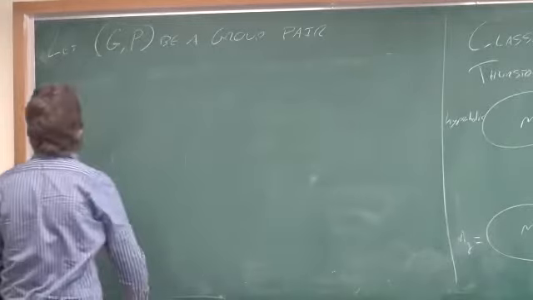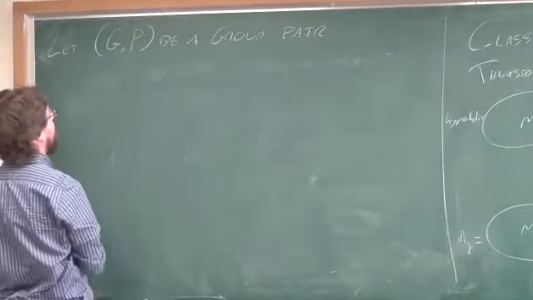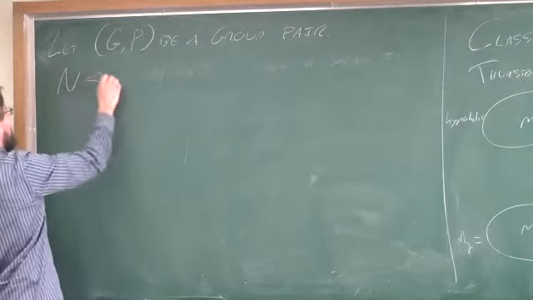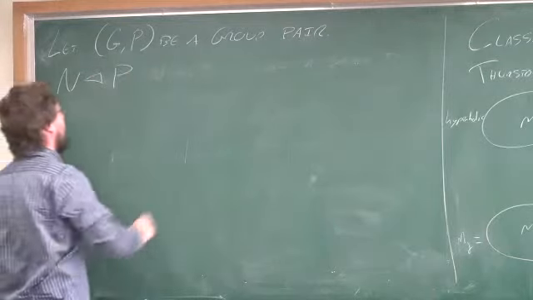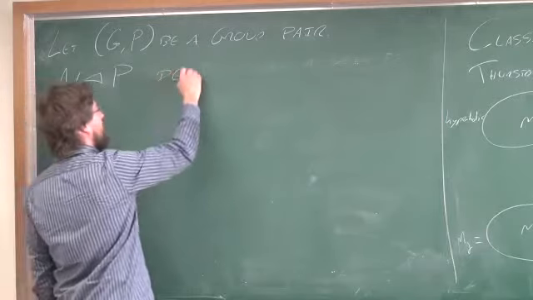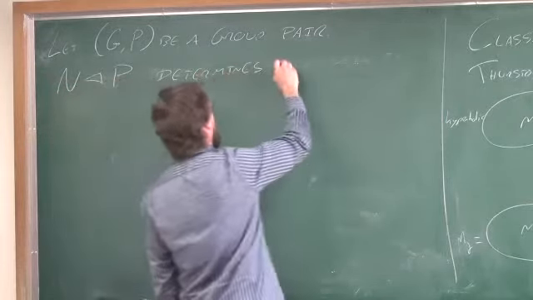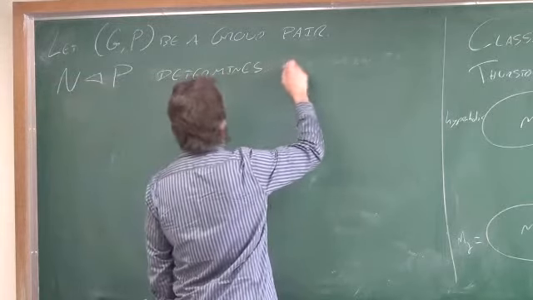So N, a normal subgroup of P, determines a Dehn filling. Something I'm going to call a Dehn filling, and everything I call a Dehn filling from now on is something like this.